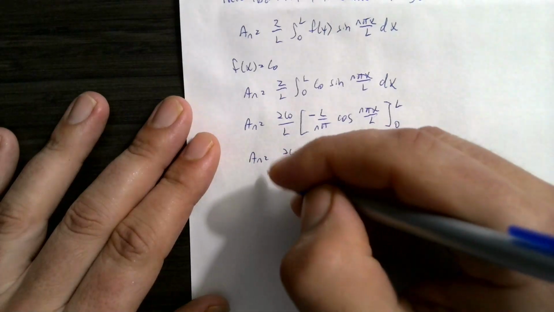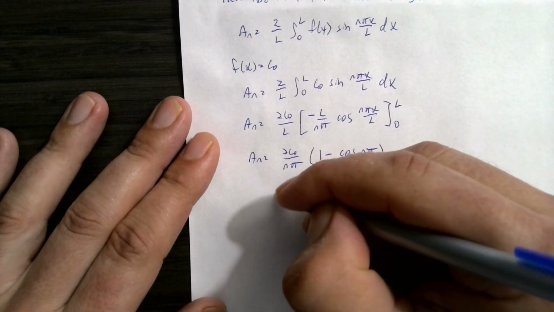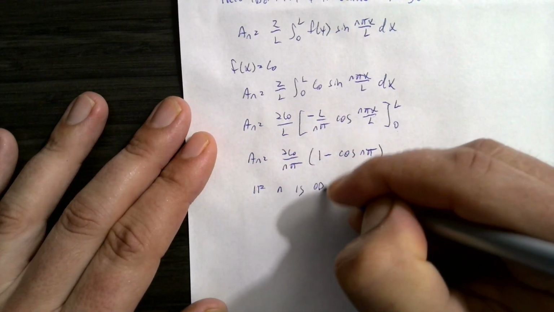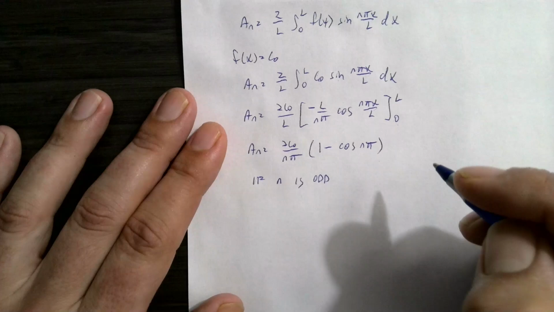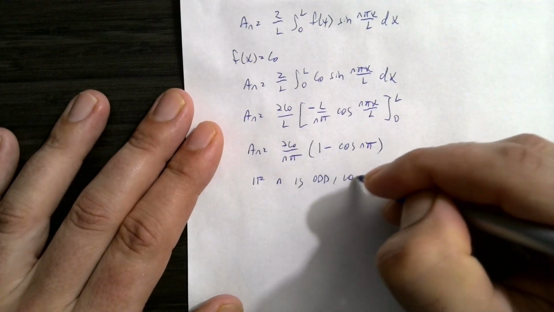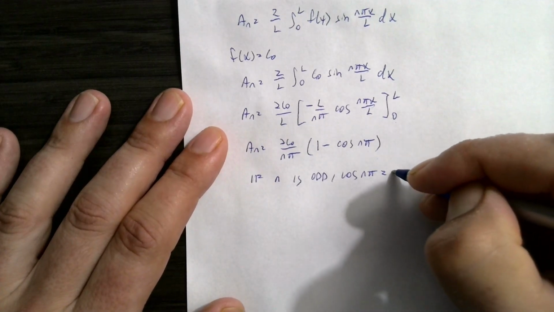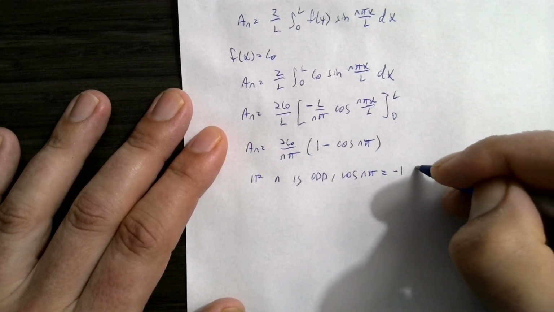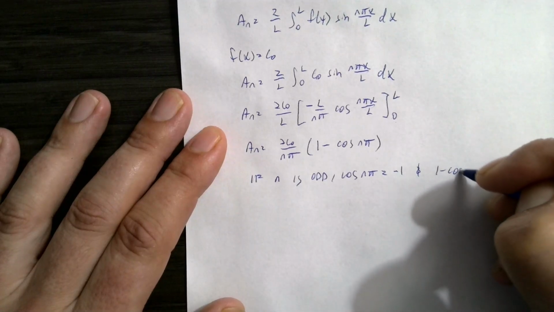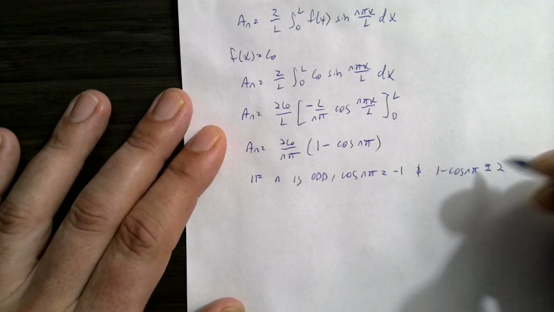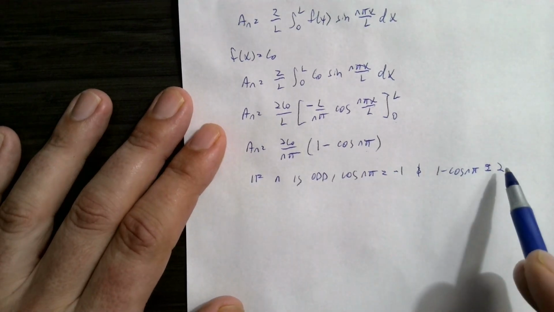Okay, so let's look at that. So let's say if n is odd, then cosine of n pi is equal to negative 1, and 1 minus cosine of n pi is just equal to a 2. Okay, so if that's a negative 1, the whole thing becomes a 2.